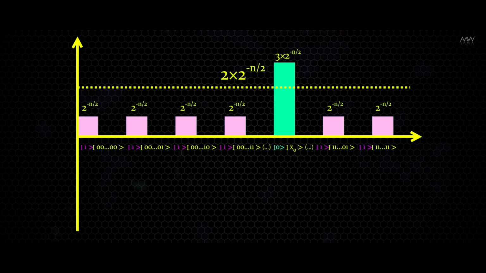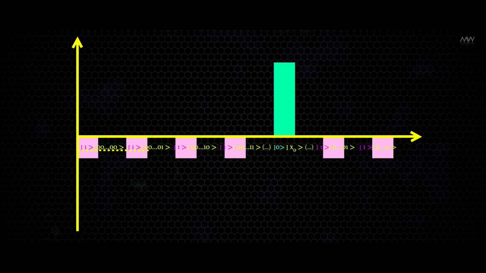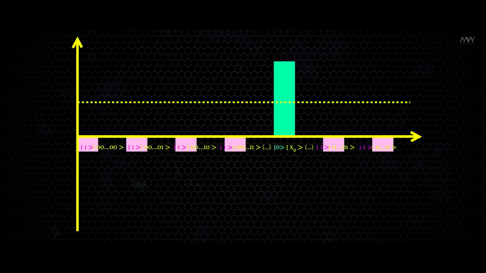The probability of measuring one of the other states drops a bit, while the amplitude for the state we actually want nearly triples. That's a huge boost in our odds of nailing the right result, but it's still not enough, because at large n, 3 times 2 to the power of minus n over 2 is still a very small number, and by measuring it now we are likely to get the wrong result.